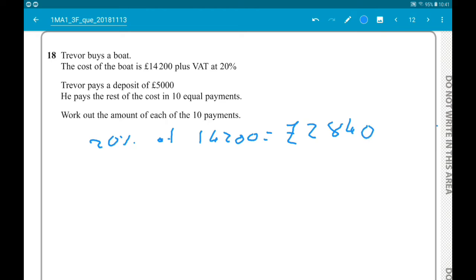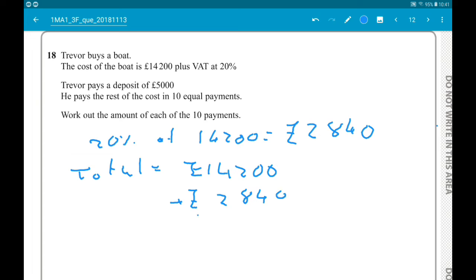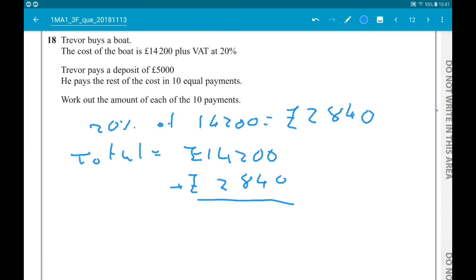So the total cost is 14,200 add 2,840. So that's going to be 17,040.